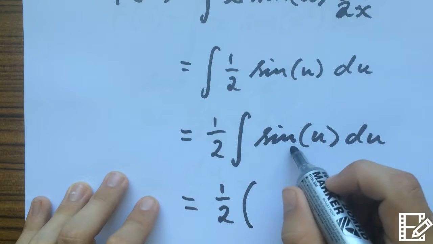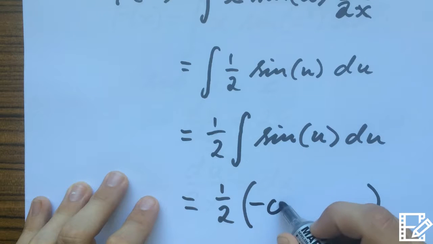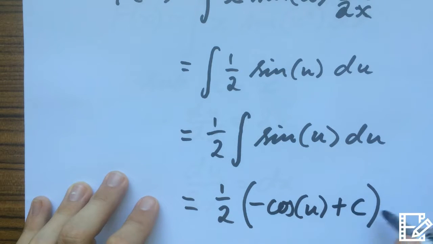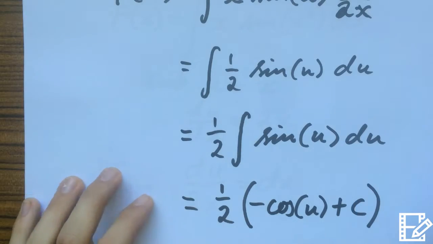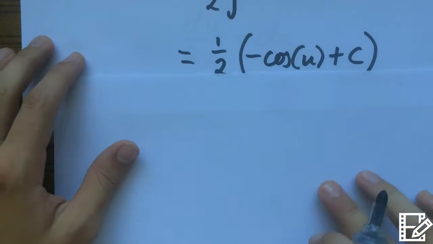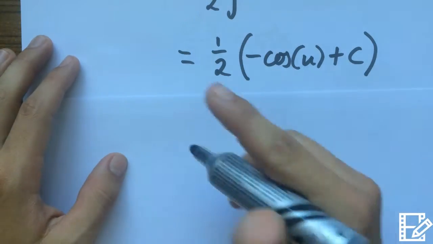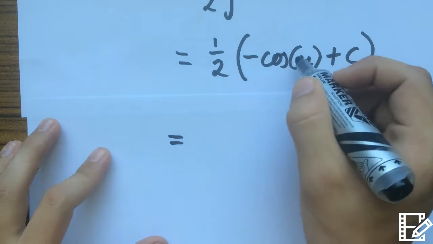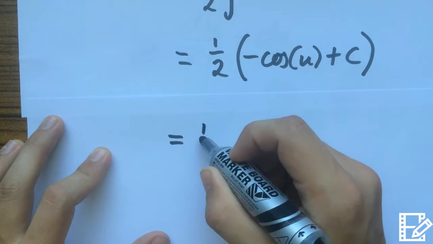So that's what we're going to do here. Sine goes to negative cosine. Put the u plus c. Okay, now we have our negative cos u multiplied by half, no problem.